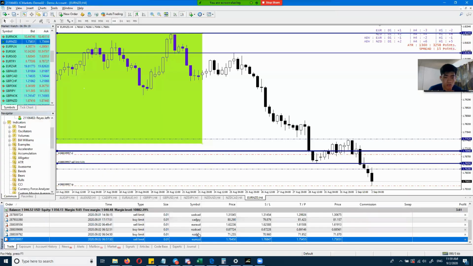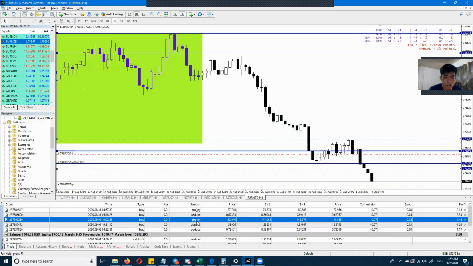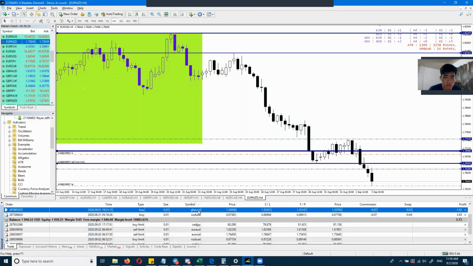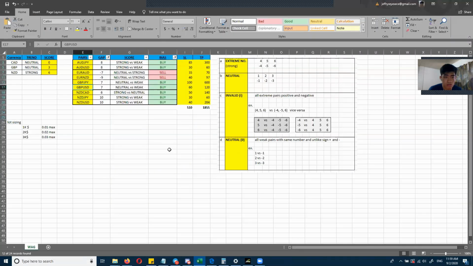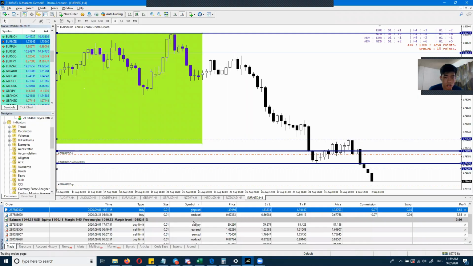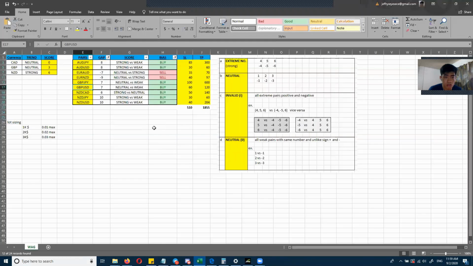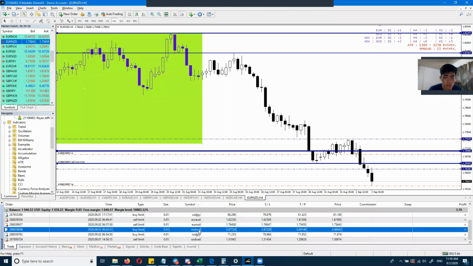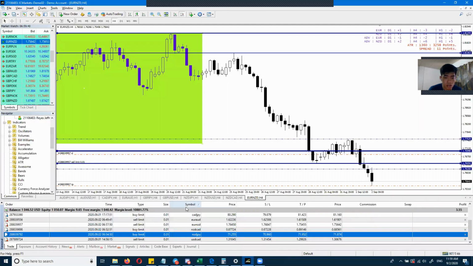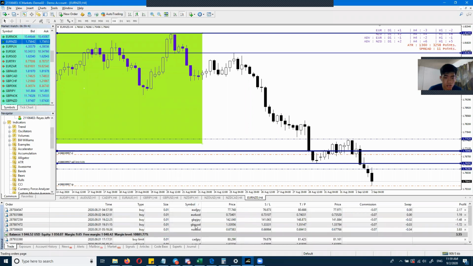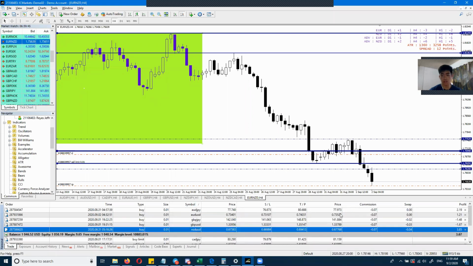GBP JPY, GBP USD. May position na tayo dyan. Yung NZD CAD. Meron. NZD JPY. Meron. NZD USD. Yeah, nagkakaroon position na tayo sa mga yan.